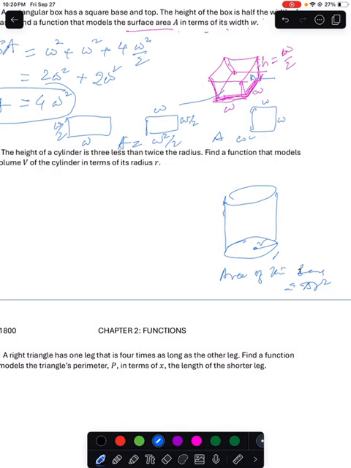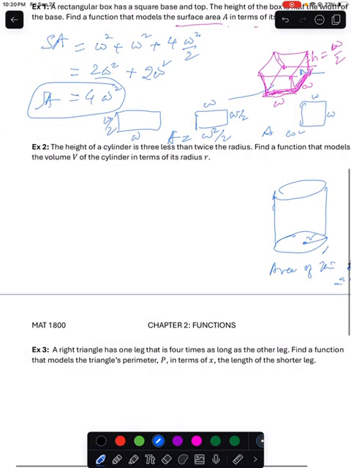Now usually we denote the height by h, but we have a relation between r and h. It says the height is 3 less than twice the radius. So how will you translate that phrase from English to math? 2r minus 3. So h is equal to 2r minus 3.